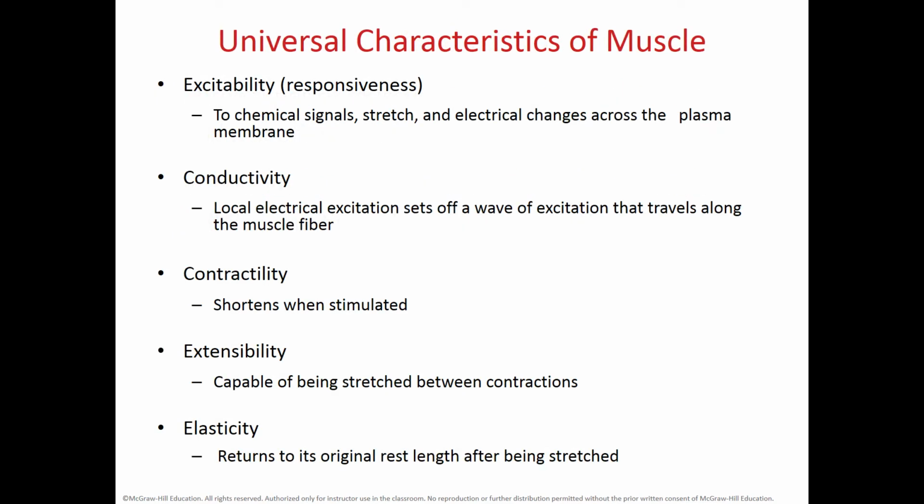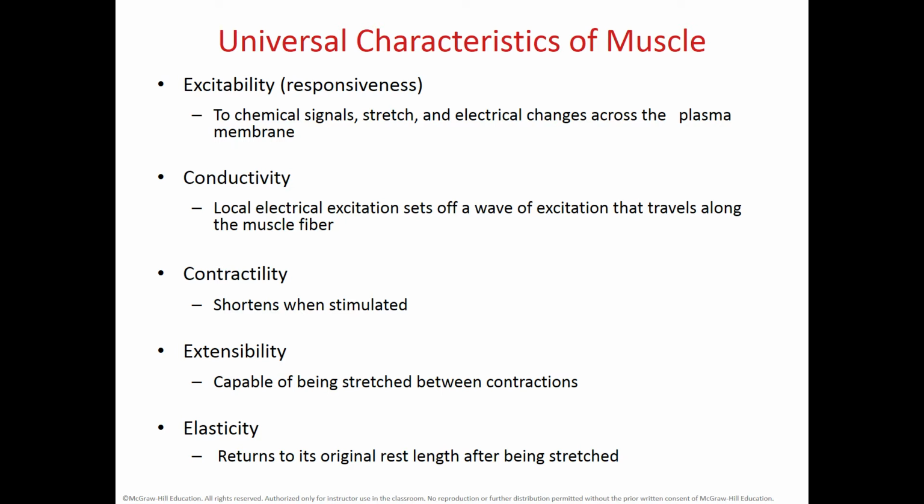In general, all types of muscle, whether skeletal, cardiac, or smooth, have the property of being excitable cells, or excitability, because they can respond to stimuli in the environment.